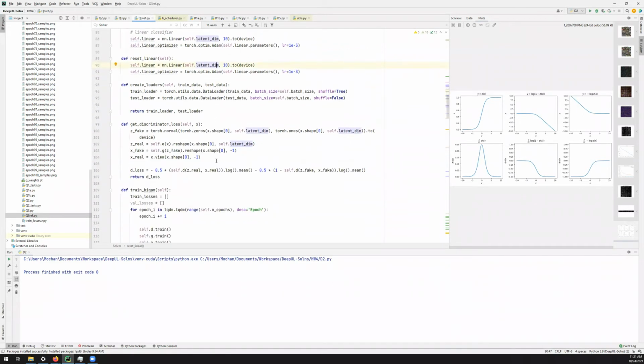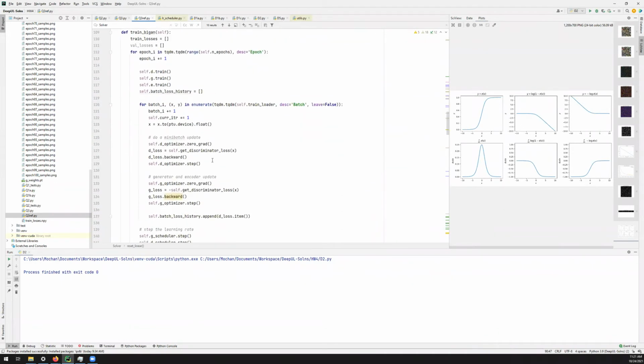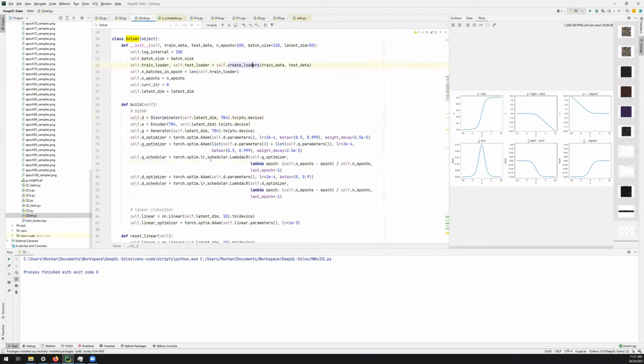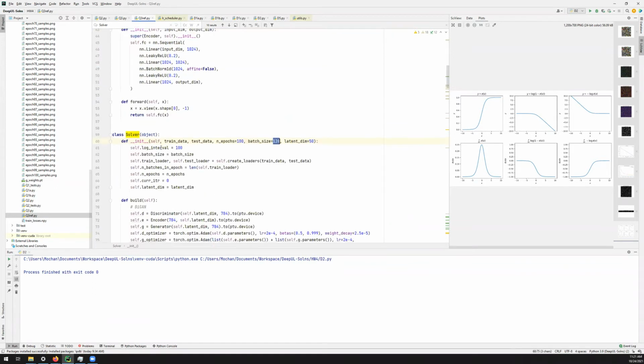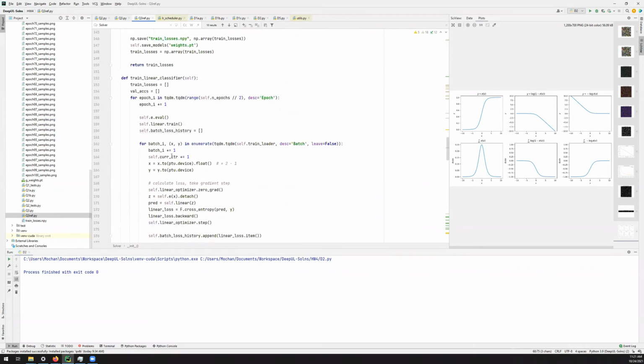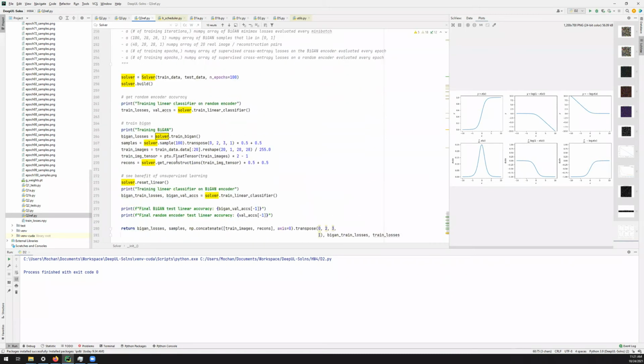Okay, so let's look at where we were now. Sorry, jumping around a lot. Okay, so we have the solver. We create the solver and we did the build.